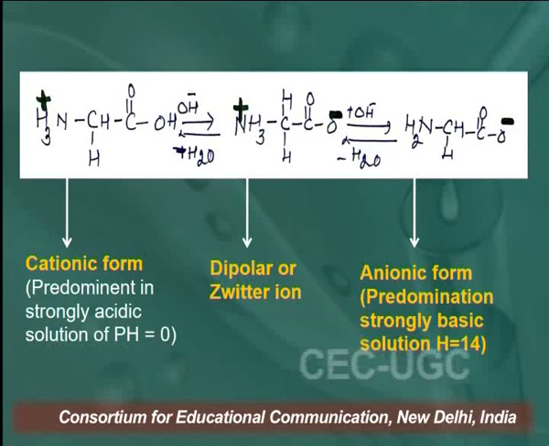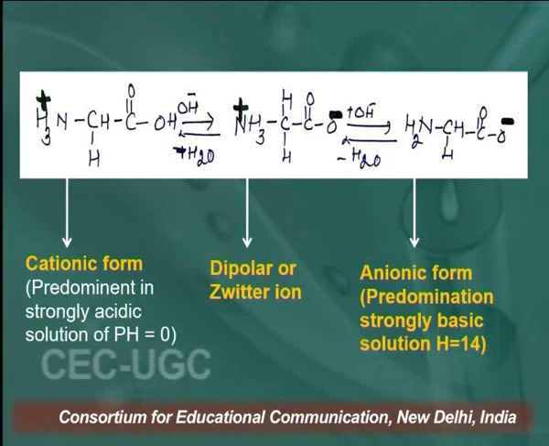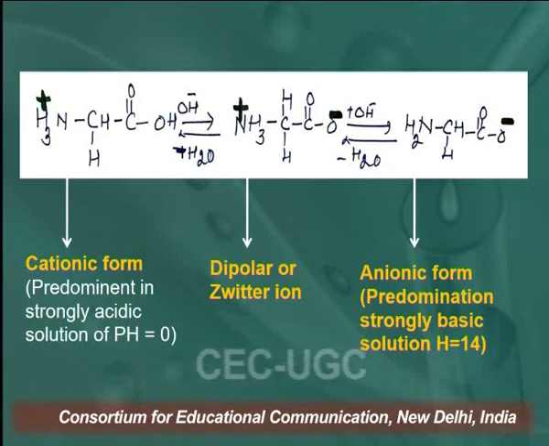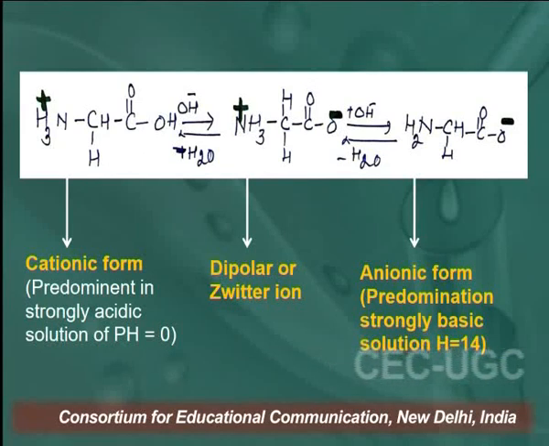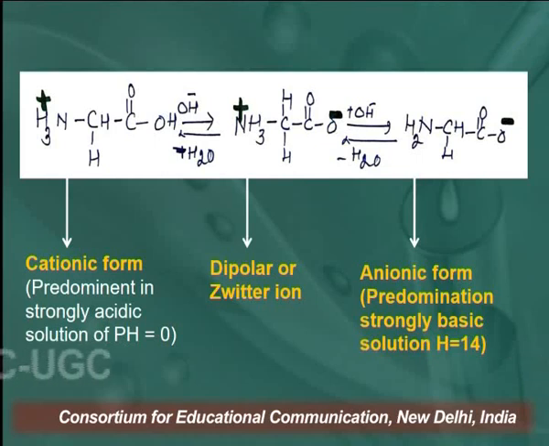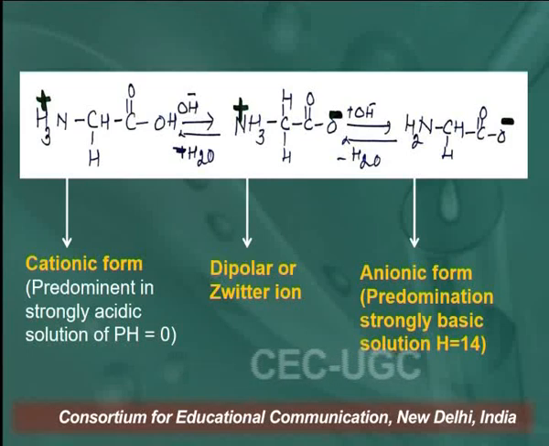Why is this a cationic form? Because, as I told you, when the pH decreases, the concentration of H+ increases, and as the concentration of H+ increases, the NH2 group present in the amino acid accepts a proton and becomes NH3+.